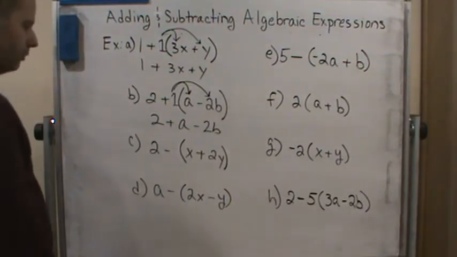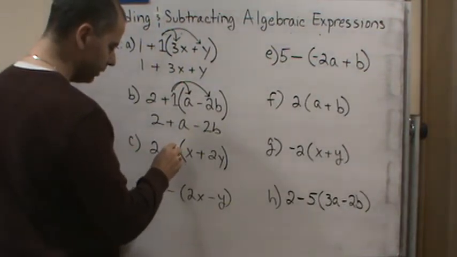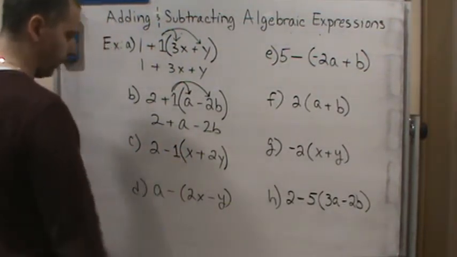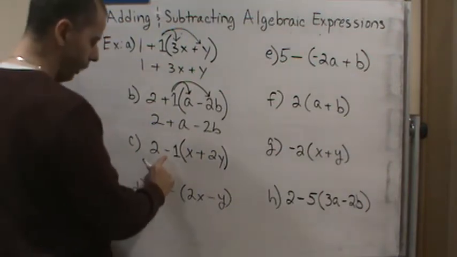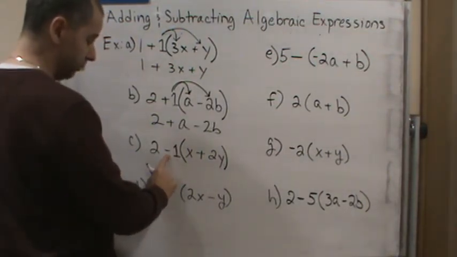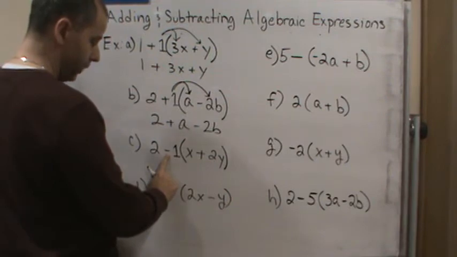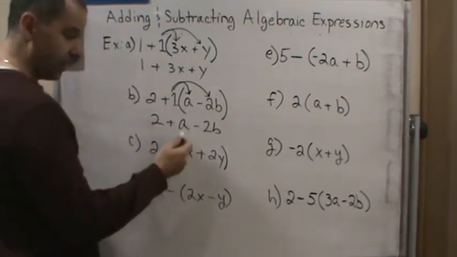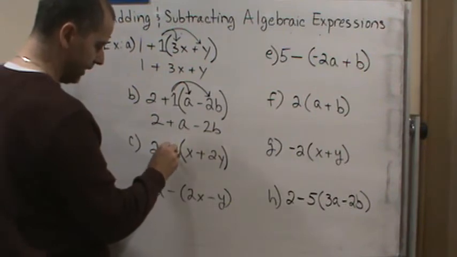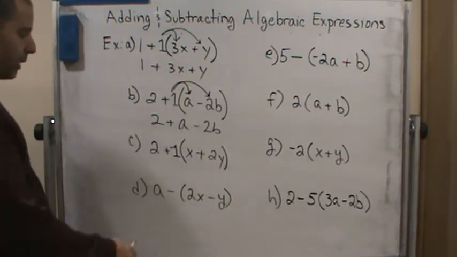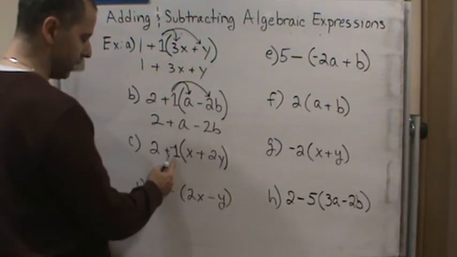Now, here, if I put an imaginary 1 there, well, now this is subtraction. So what I'm doing, here's a better way of looking at it, is if I change this to a plus, negative. So now what I'm doing is basically I'm multiplying by -1.